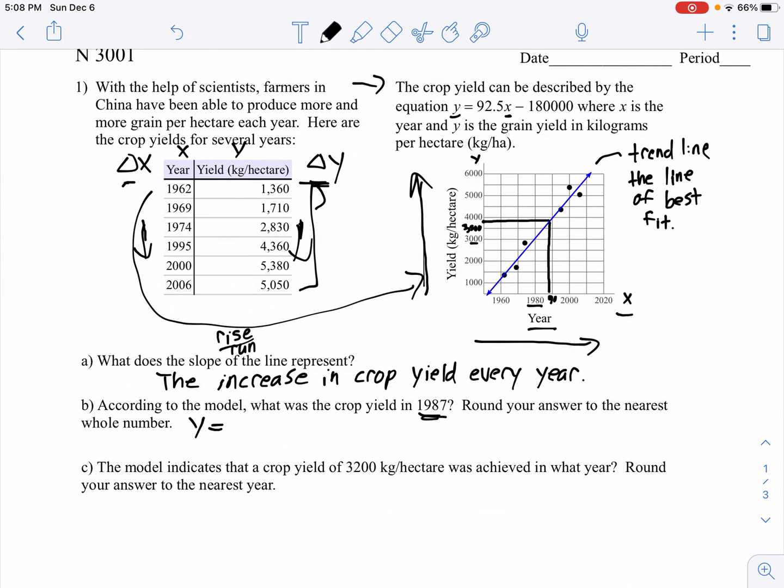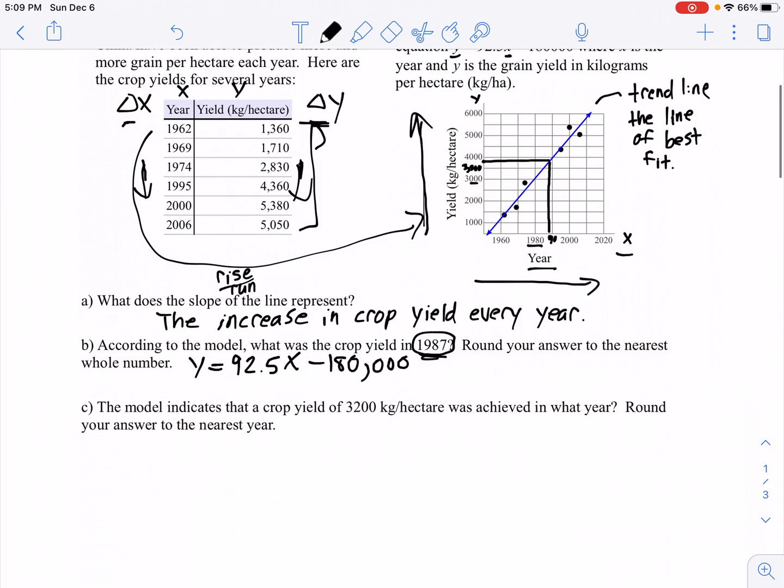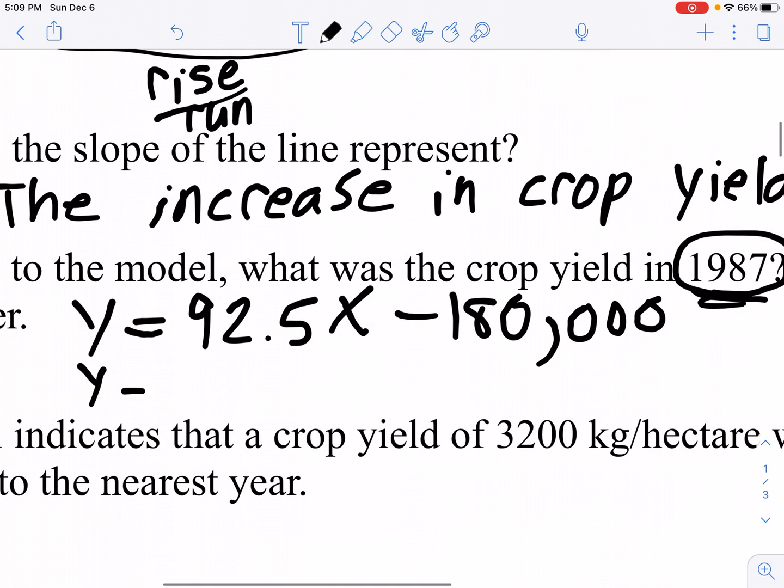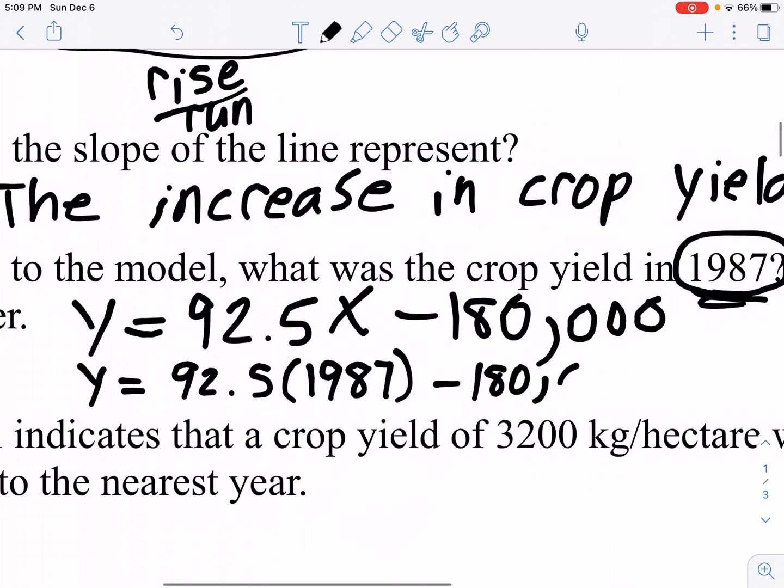Y equals 92.5X minus 180,000. And we're going to take our X value here and plug it in for X. So Y is equal to 92.5 times 1987, that's the year, minus 180,000.